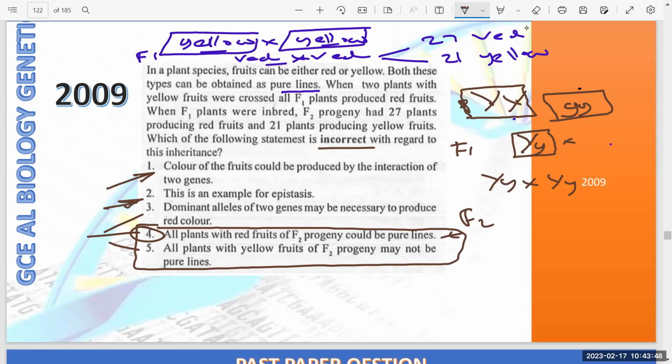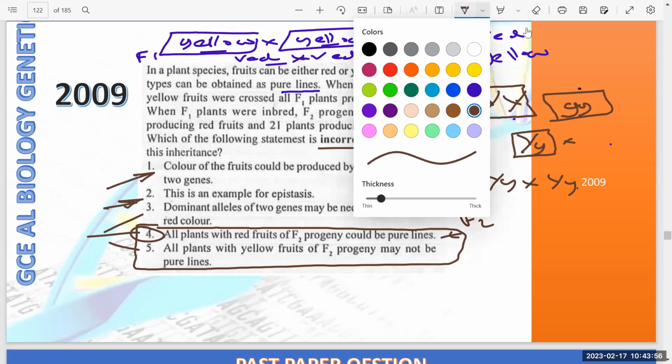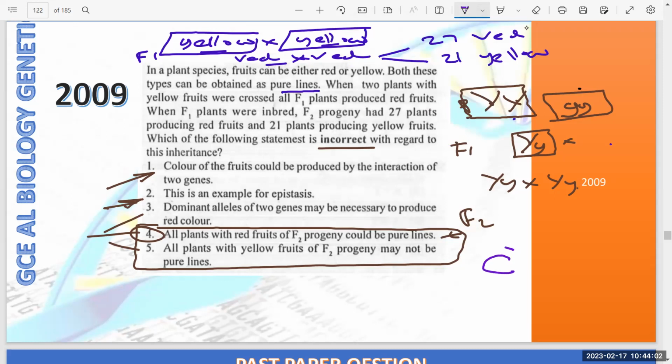If we see the yellow color, we write it like this: capital C, capital Y, and capital C, simple Y. And if we cross this one, capital C, capital Y, capital C, simple Y, why does it give the yellow color?